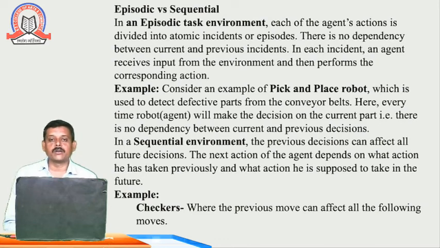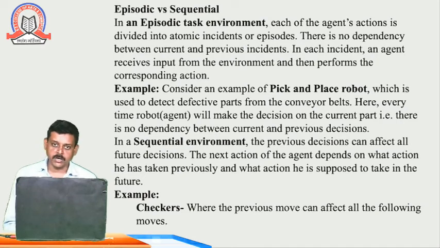For example, consider a pick and place robot, which is used to detect defective parts from the conveyor belt. Here every time the robot agent will make the decision on the current part, with no dependency between the current and the previous decision.